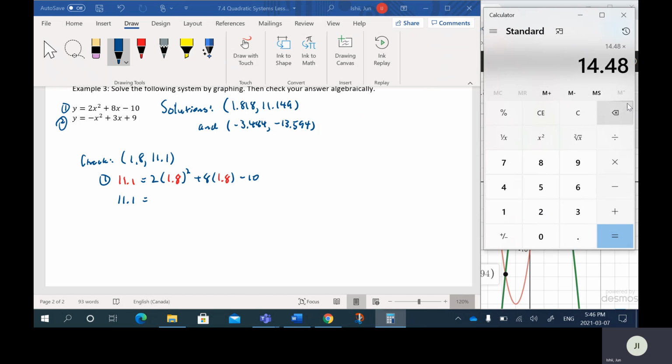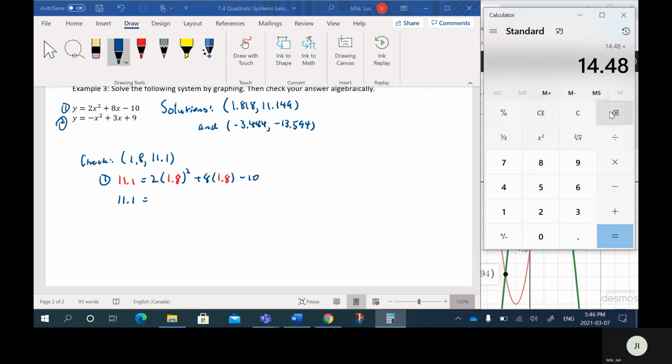No, I already messed up. Okay, try that again. 2 times 1.8 squared plus 8 times, all right, I don't want it. Okay, so it looks like this is what it's calculated.